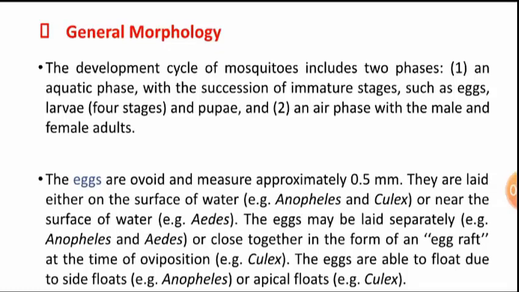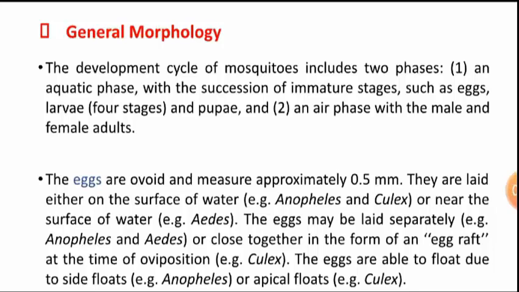The eggs are ovoid and measure about 0.5 mm. They are laid either on the surface of water as in Anopheles and Culex, or near the surface of water as in Aedes. The eggs may be laid separately as in Anopheles and Aedes, or close together in the form of an egg raft at the time of oviposition as in Culex.